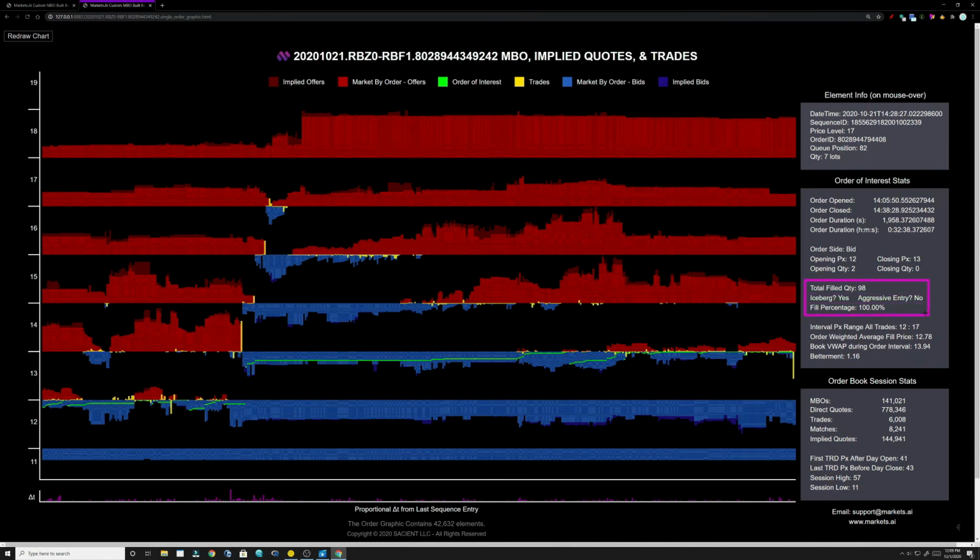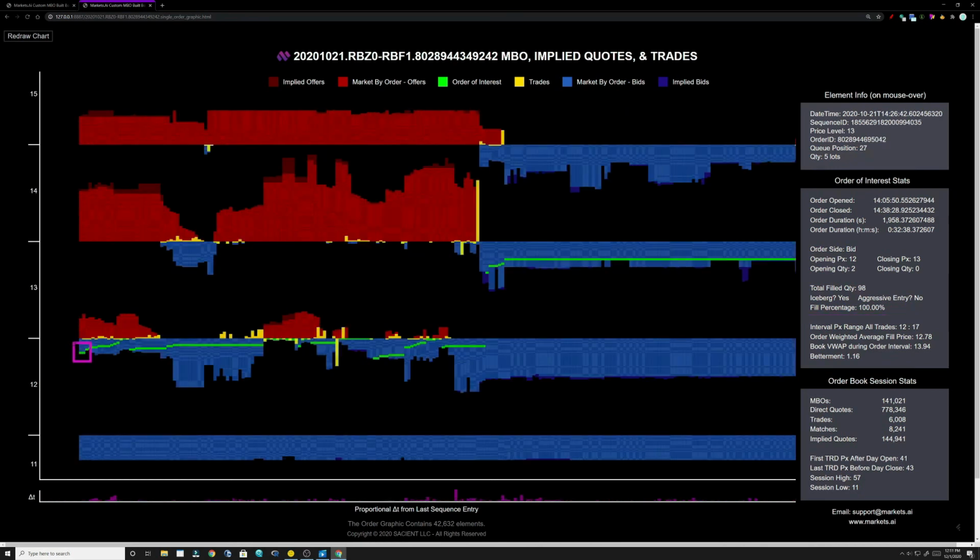But it didn't come in aggressively. That's a plus. So there's a little bit of patience. And it was 100% filled. I know that to be true because it certainly was hit through for far more than just its order. And it shows a betterment of over a tick.